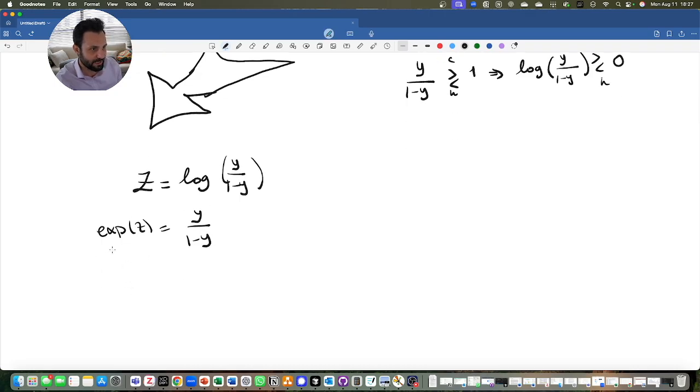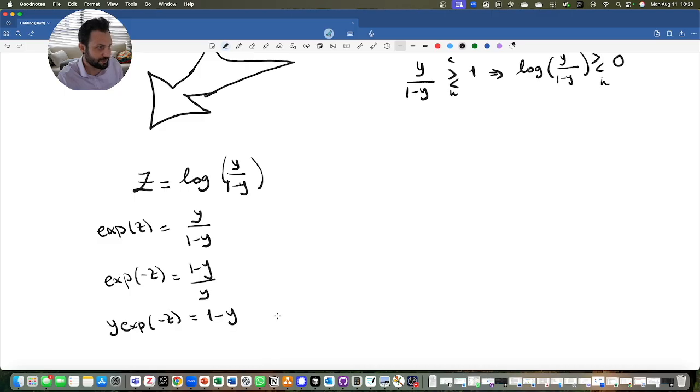In order to make the calculation easier, I can convert them by swapping the order of numerator and denominator. So 1 minus Y over Y, then Y times exponential negative Z is equal to 1 minus Y. Then I have my Y, which is equal to this function, sigma of Z. Now I know what my sigma Z is.